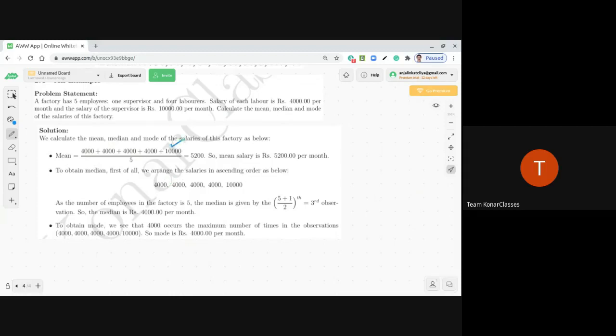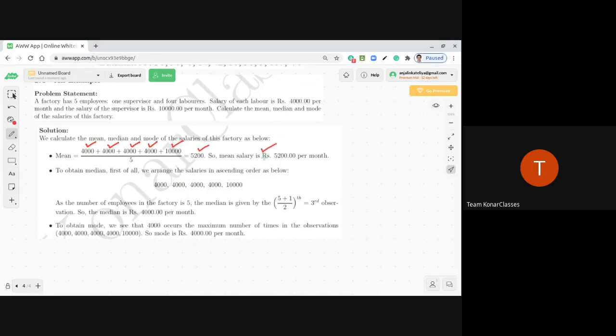Then you divide by 5, and you will get 5200. So the mean salary is 5200 per month.